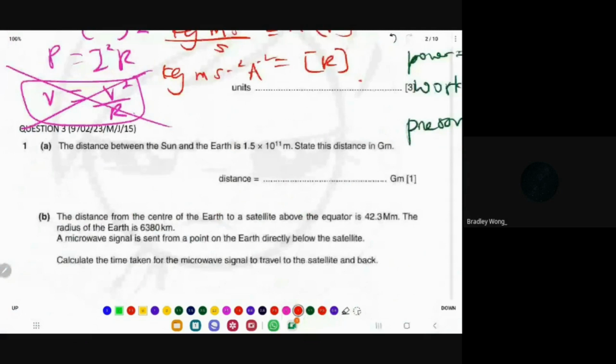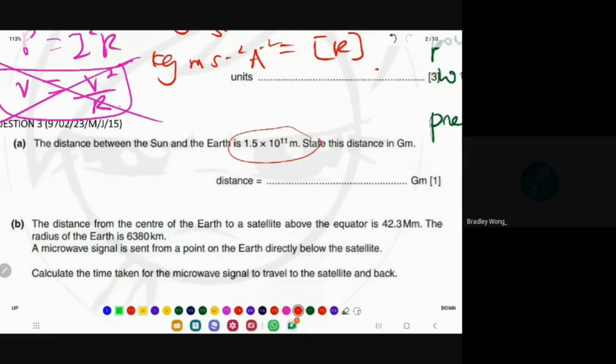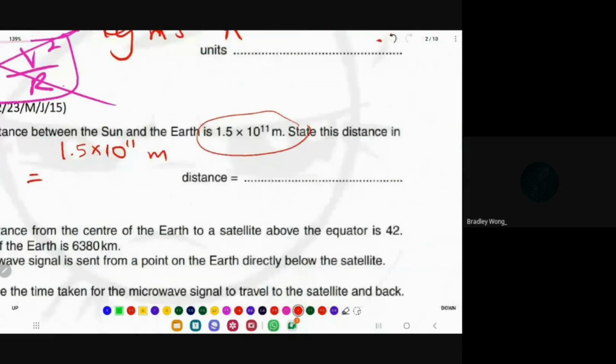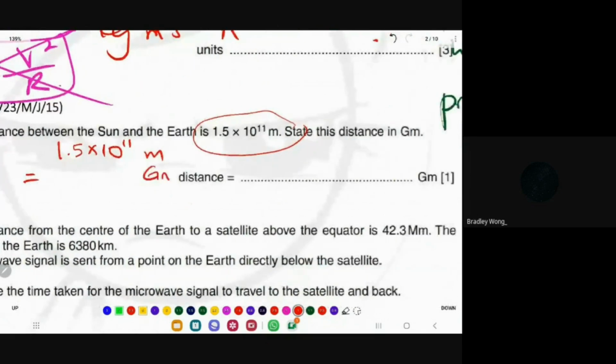Okay, this is a 2015 paper. They want to change it into giga. See how I do maths? Let me show you the technique of doing maths easily. Look here. Copy the question first, do nothing. They ask you to change it to gigameter. So what is giga?